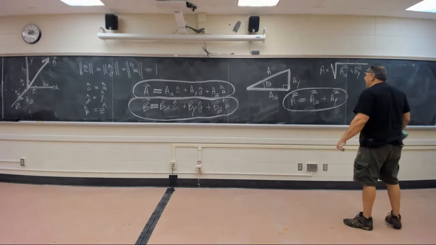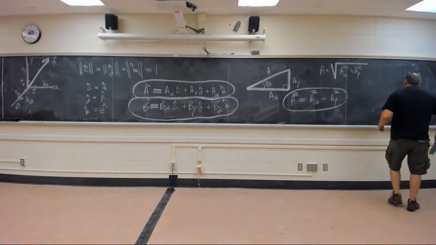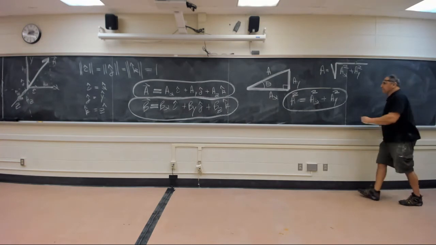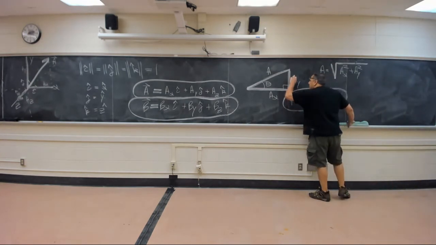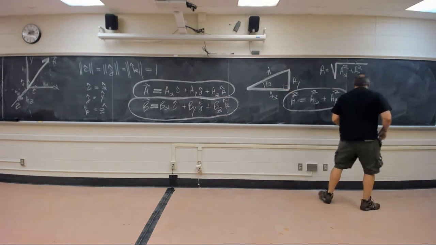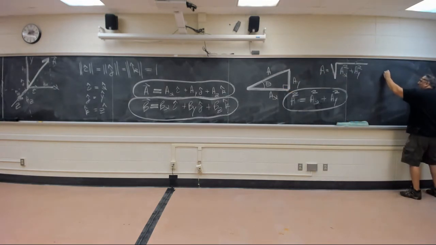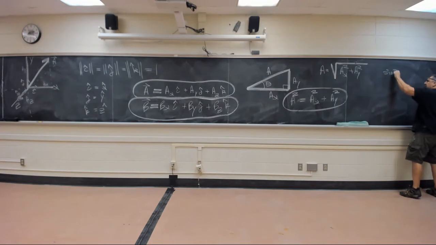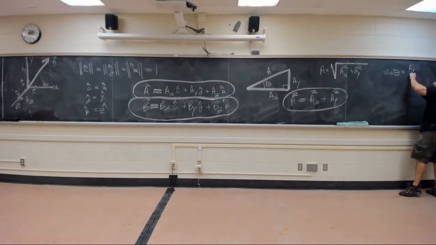There's a lot you can say. Look at it carefully. Opposite over hypotenuse is called the sine. The sine of theta is opposite over hypotenuse.